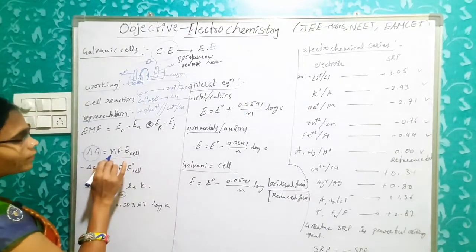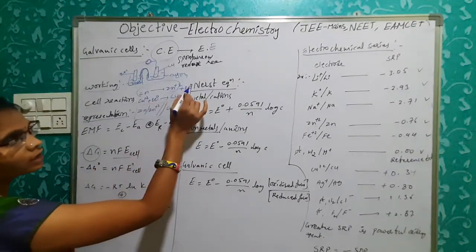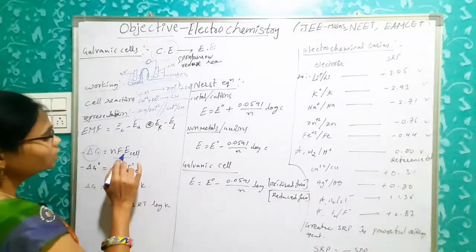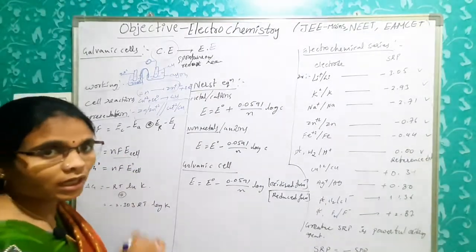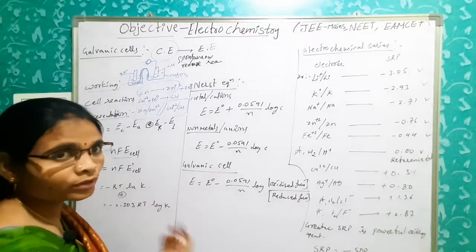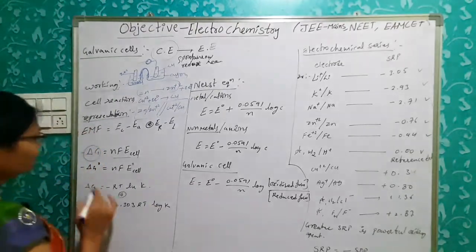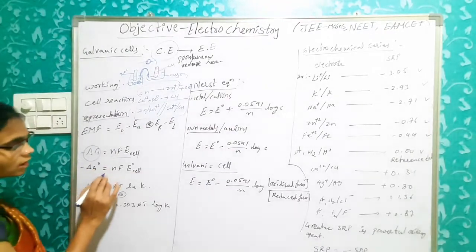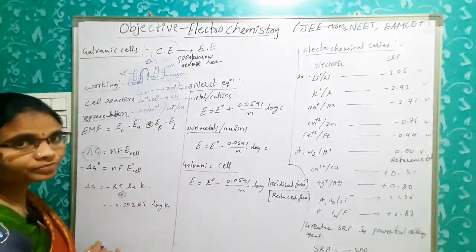Here n means the number of electrons transferred, maybe 2 electrons. F means the Faraday value, E means the electric current, how much is produced in that cell. In standard conditions, delta G naught is equal to minus nFE naught cell.